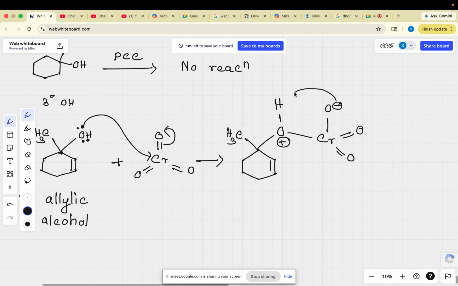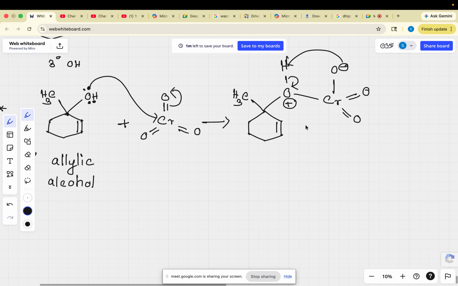Now O minus is abstracting this proton from here, so this bond breaks again, and the oxygen is neutralized. So what I am getting: CH3, here you have oxygen, then chromium, with OH, a double bond O, and here also a double bond O. This is the thing.